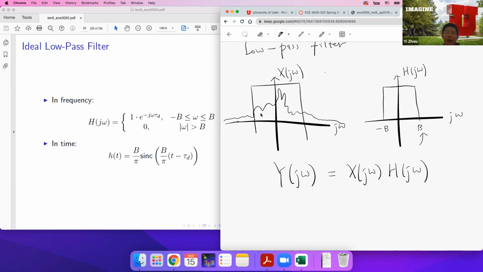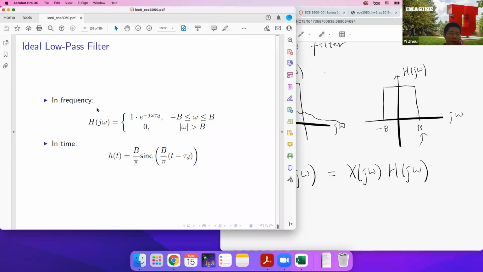The effect will be that you only preserve the low-pass components of the input, and you filter out all the high frequency components.